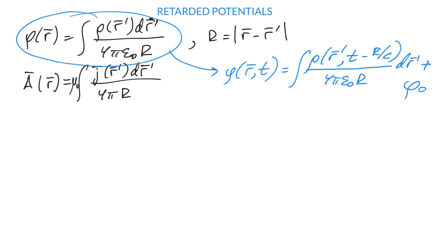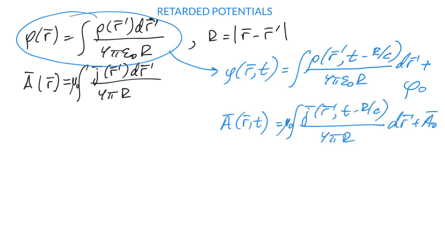So the difference from the static case is that the argument of the charge density is evaluated at a point in time that is in the past with respect to the point of observation by exactly the amount of time it takes light to travel from the source to the point of observation. A similar expression, of course, will be true also for the vector potential. So our goal in the rest of this lecture will be to derive these two expressions.